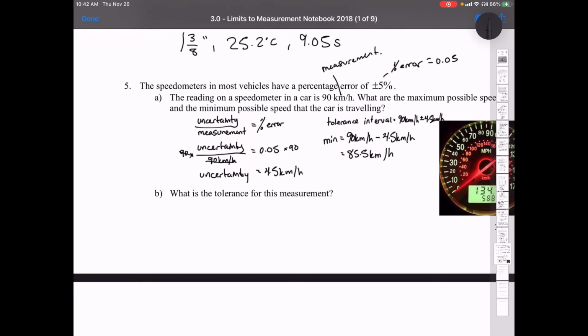Your tolerance then is just your maximum value minus your minimum value, which is also twice your uncertainty. So 2 times 4.5 kilometers per hour, or 9 kilometers per hour, would be the tolerance there.